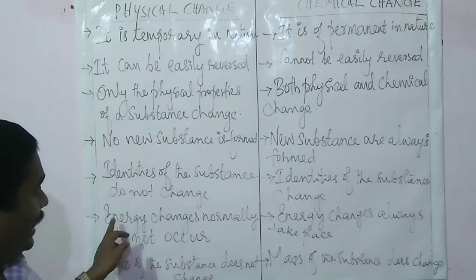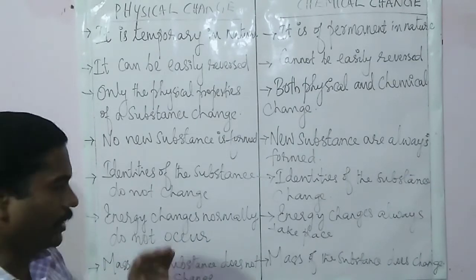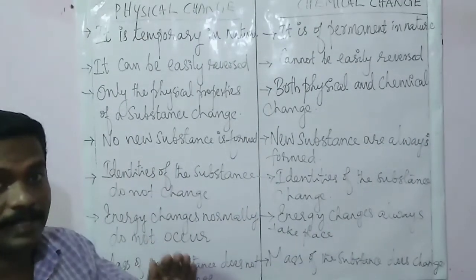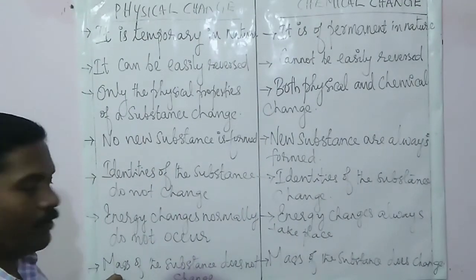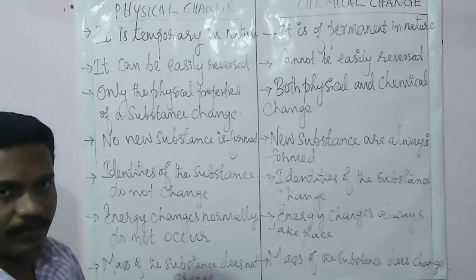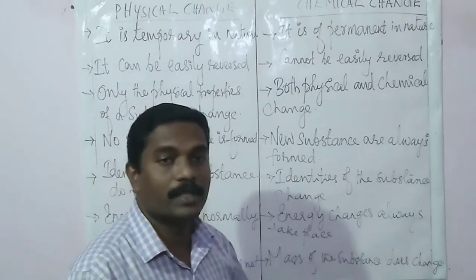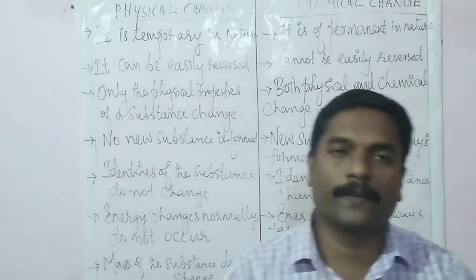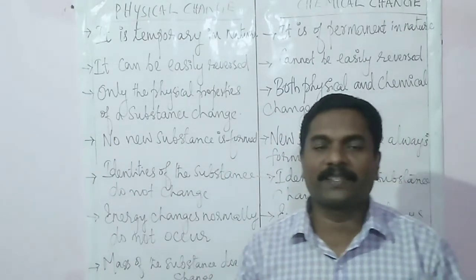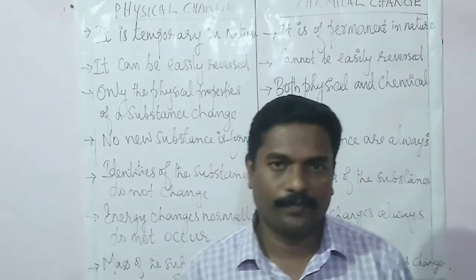Next one, energy changes normally do not occur. Here energy changes always take place during a chemical change. Finally, mass of the substance does not change in physical change, whereas the mass of the substance does change in a chemical change. So these are the points of differences between a physical change and a chemical change.